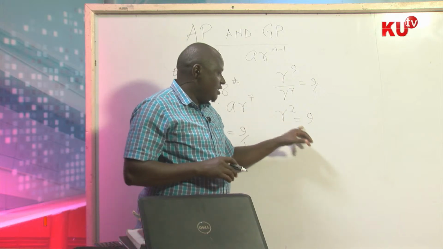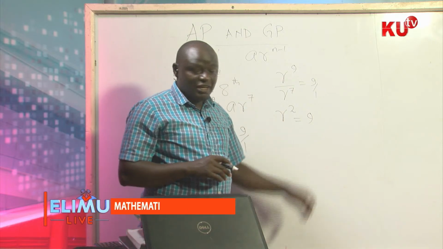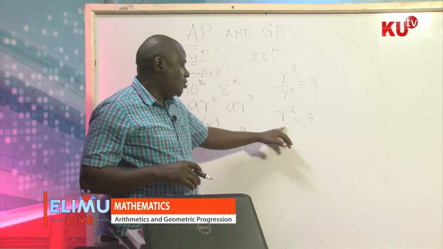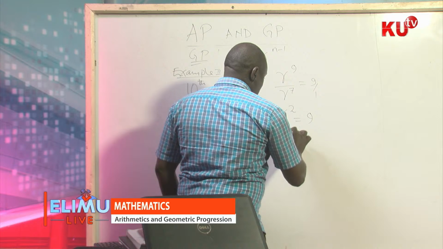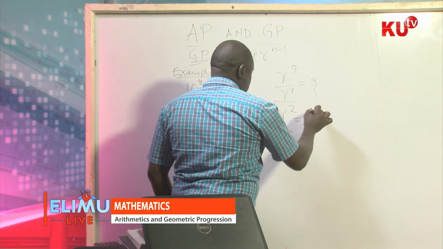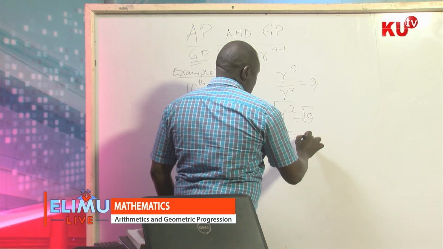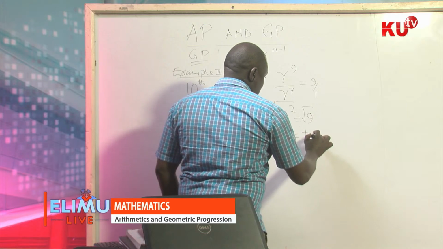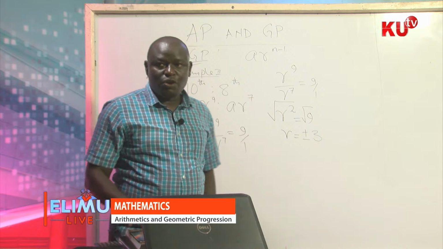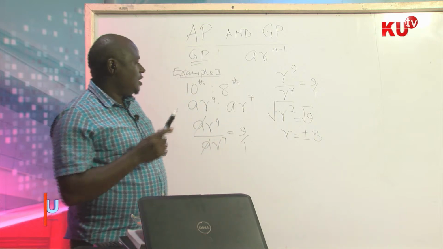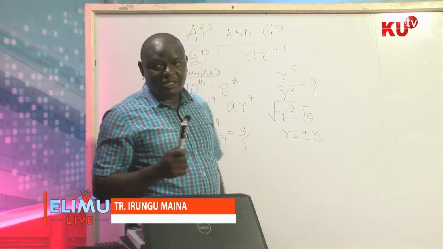Finally we have R squared equals 9. Because they want the common ratio, you get the square root both sides. R is plus or minus 3.